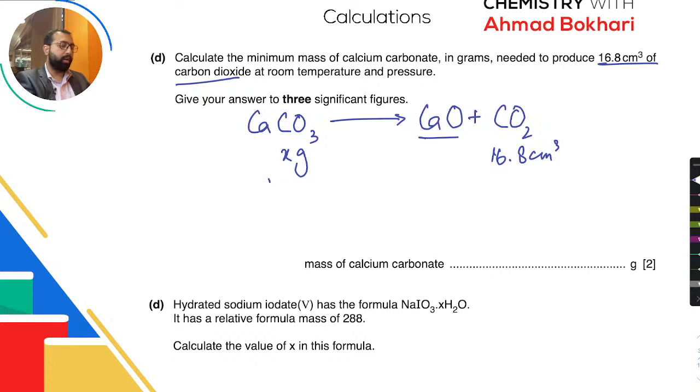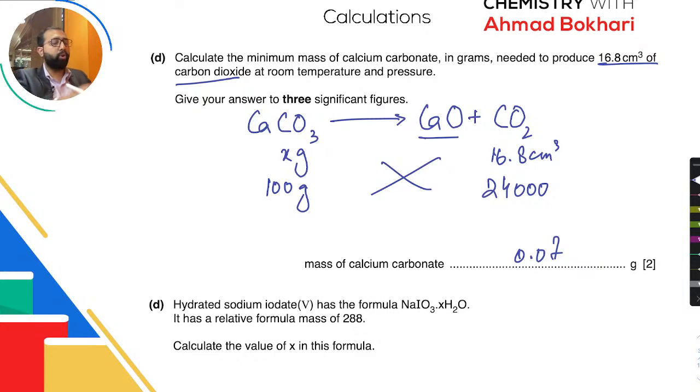So 100 grams, 100 is the Mr of calcium carbonate, produces 1 mole, which is 24 dm cube. So that is 24,000 cm cube, sorry. Cross multiply, and you'll know this is 16.8 times 100 divided by 24,000. That is 0.07 grams. That's how much calcium carbonate you need to break it down.